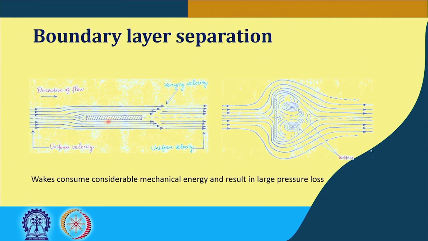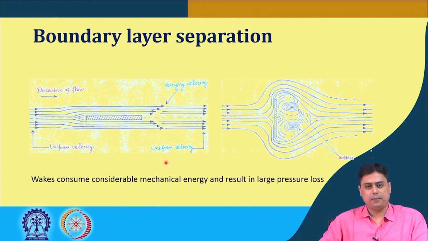Now, at the end of this flat plate, there will still be some gradient in the flow, but as we go along this distance in the positive direction, we can again have uniform velocity after a certain distance.